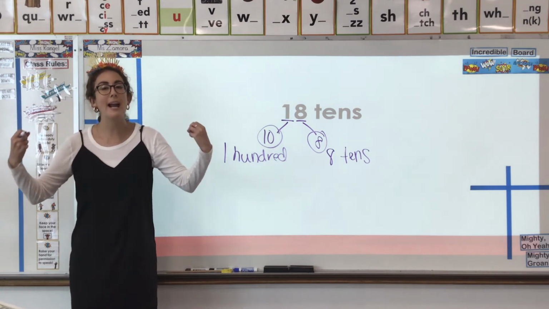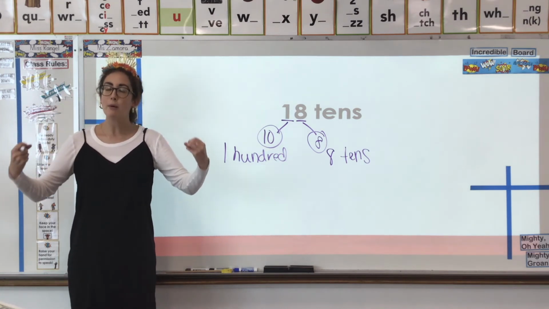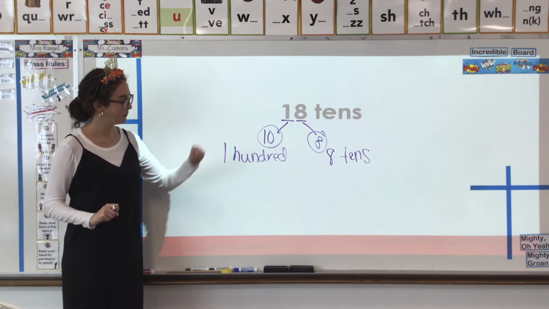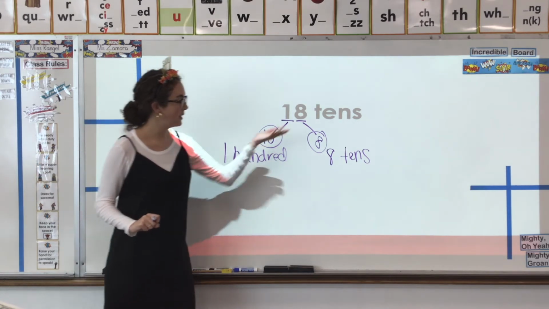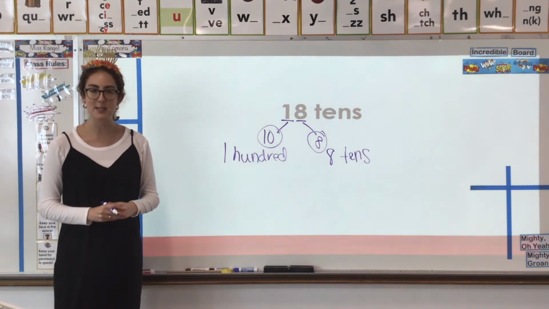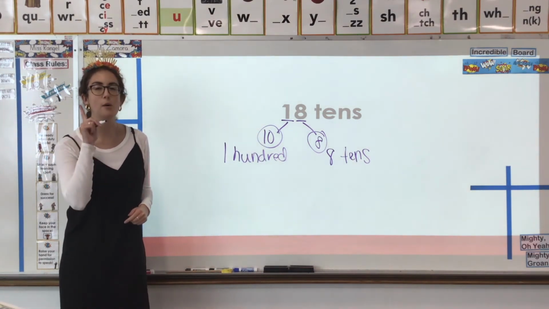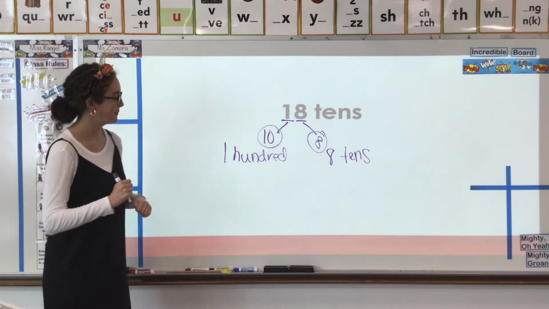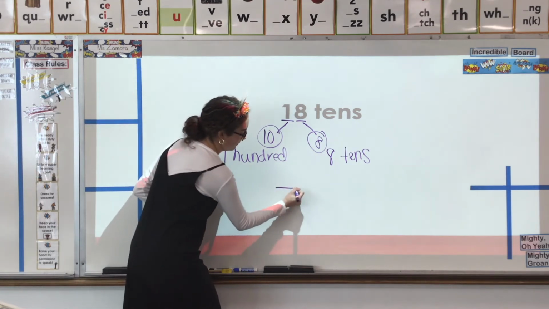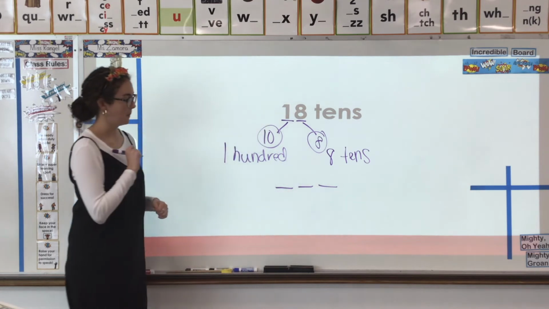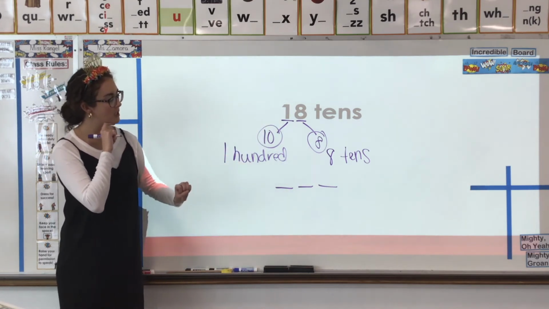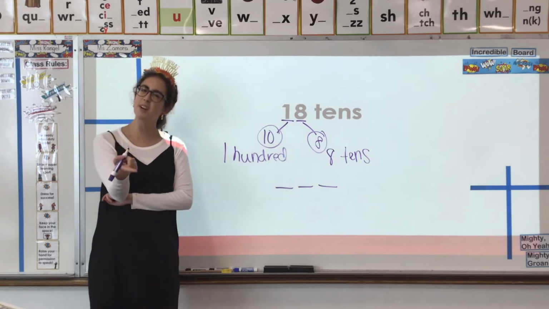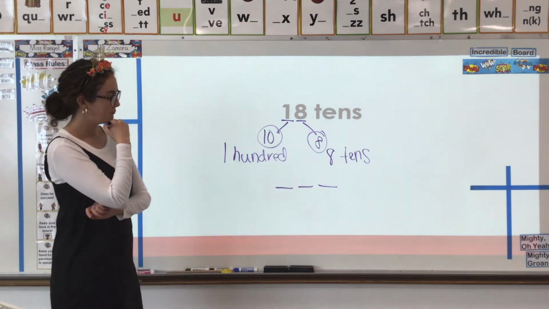We broke apart 18 tens and were able to figure out that 18 tens was the same as 100 and 8 tens. But still, what is the total value? How much do we have? Let's think about it. What do you see, Super Scholars? We have 108 tens. Can you figure that out on your board? What do we have?